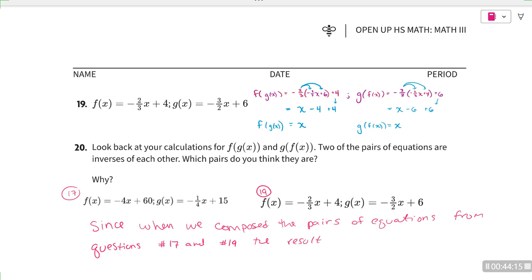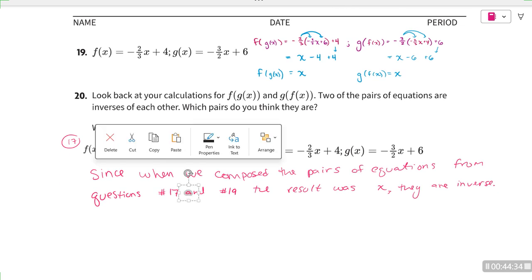The result was just x. I'll just write it as x. They are inverses. They completely undid each other.